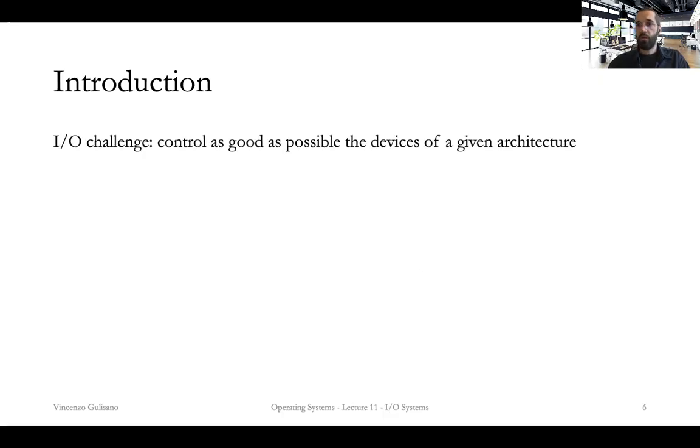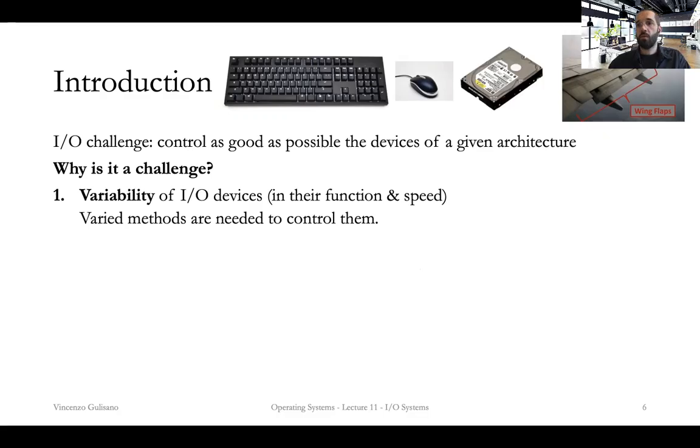So the main challenge from the perspective of input-output is to control in a good way all the devices that are connected to the architecture, so to your computer, for example. So why is it challenging? Well, you have completely different types of devices.